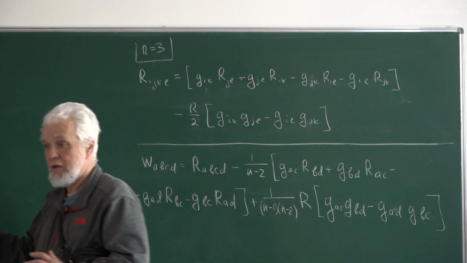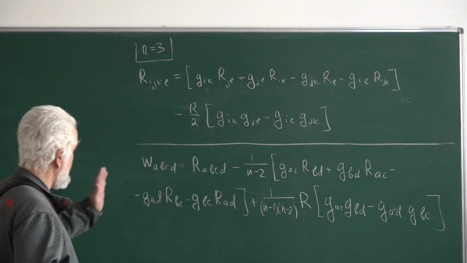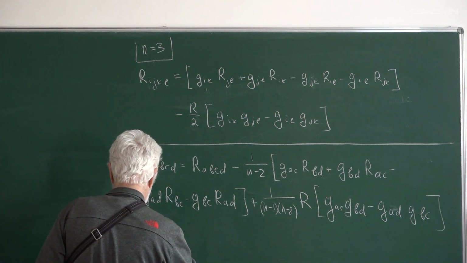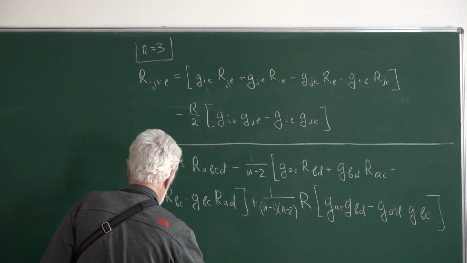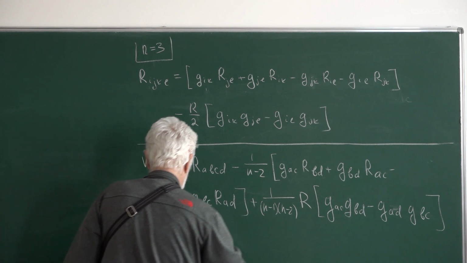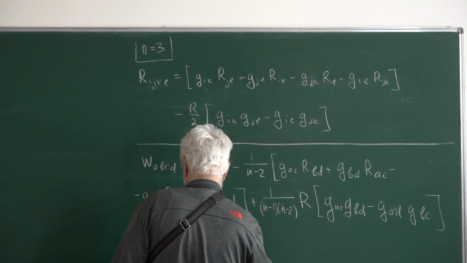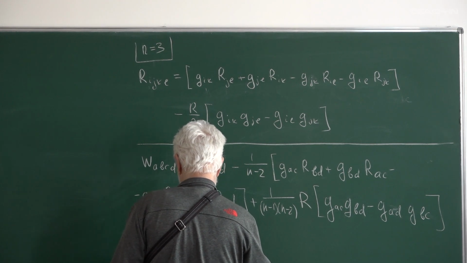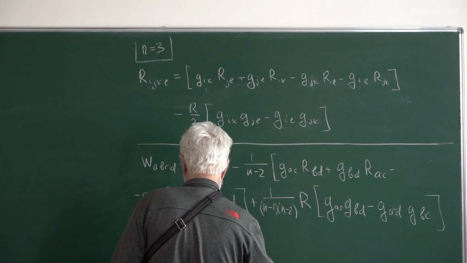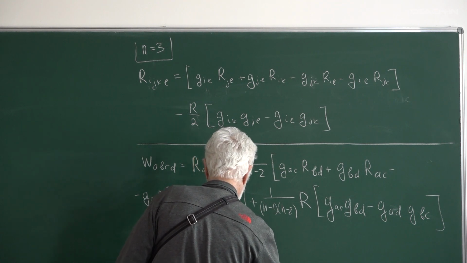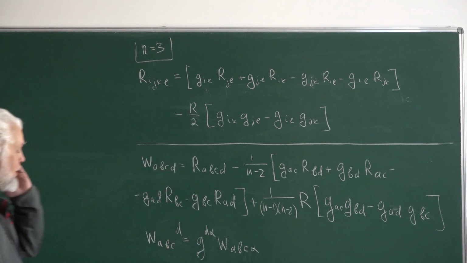The main property of this tensor is the following. Let's raise one index: W^D_{ABC} is g^{D alpha} W_{ABC alpha}.